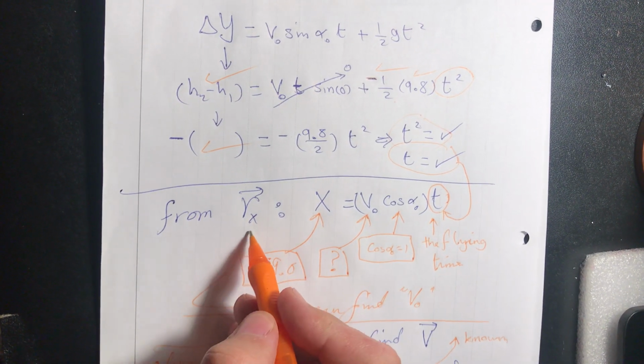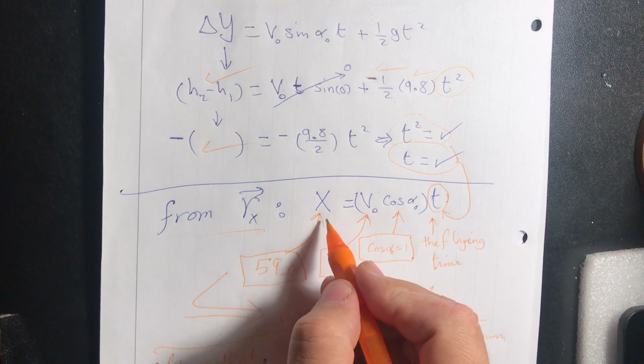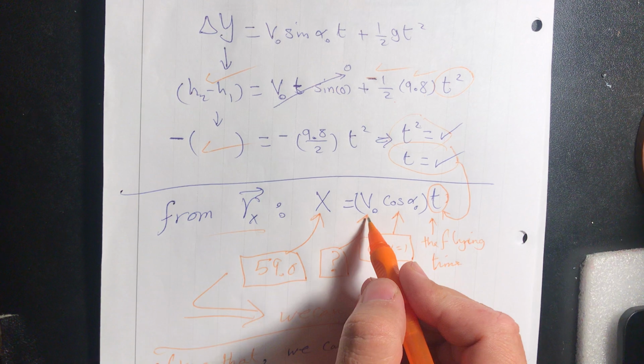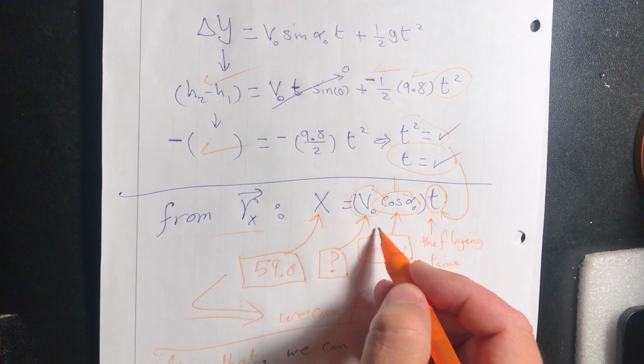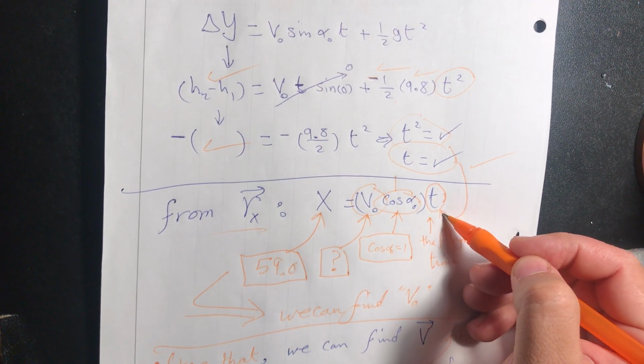Now from the x component in the position vector, x is equal to v naught cosine alpha naught, which is 1. V naught is unknown. T is known from the previous step, it is the flying time.